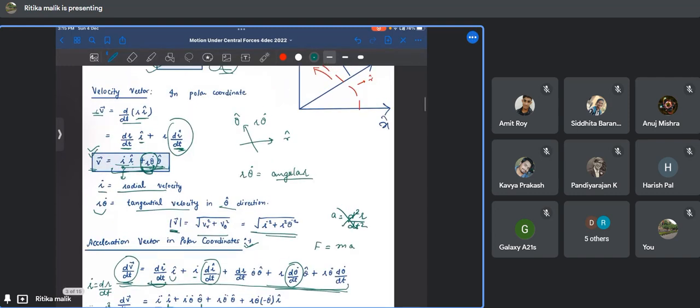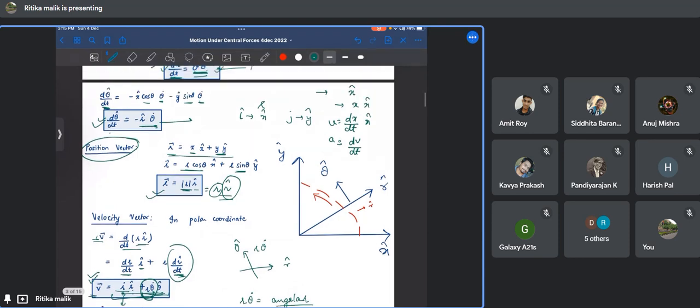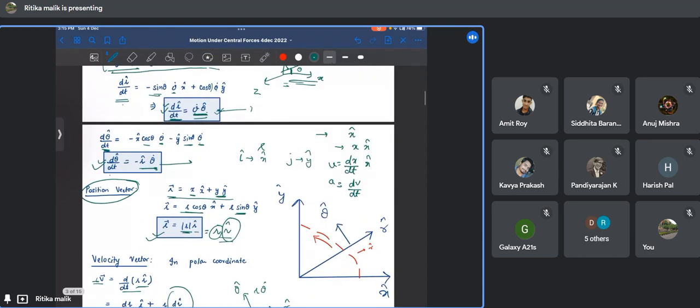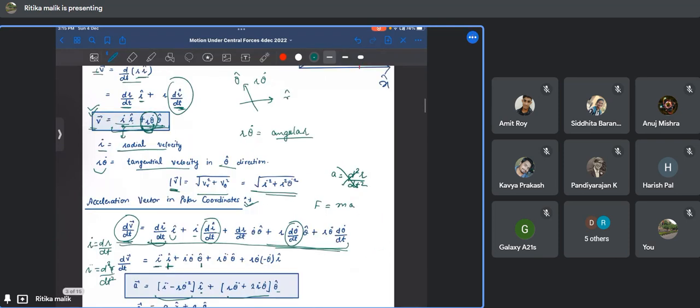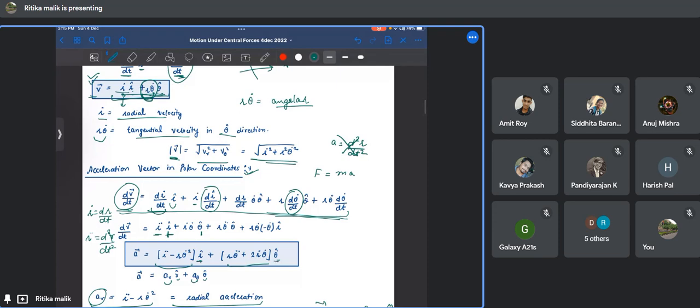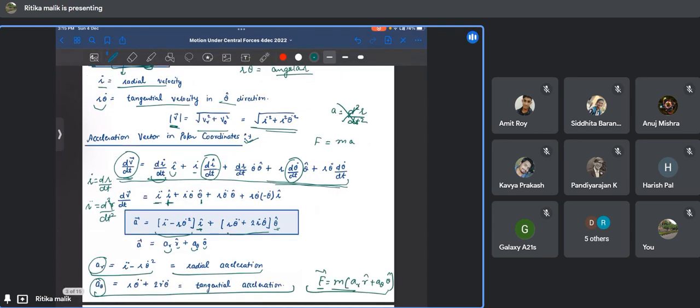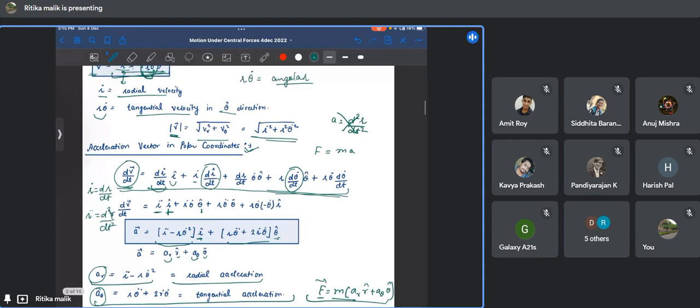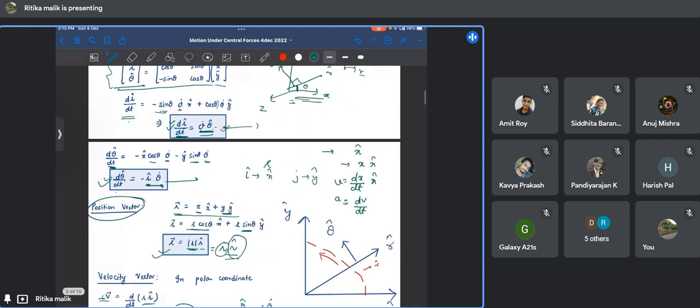They just change your r cap to theta cap and theta cap to r cap. So when you put in these values and combine r cap together and theta cap together, that will give you the radial and tangential components. So it's the differentiation part which changes dr cap by dt to theta cap, and d theta cap by dt to r cap.